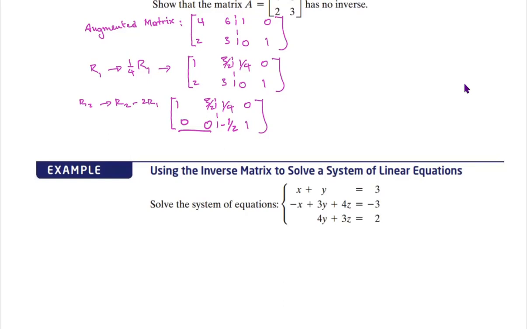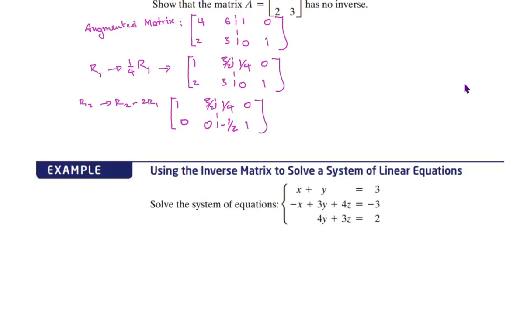So that explains why you would not have an inverse for this matrix: the rows are linearly dependent.